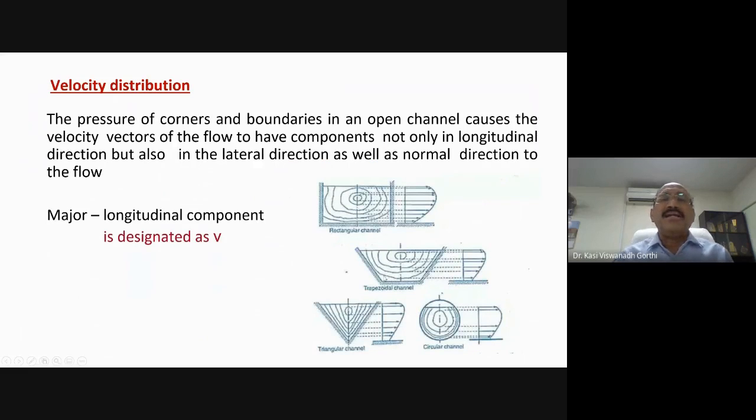The presence of corners and boundaries in an open channel causes the velocity vectors of the flow to have components not only in the longitudinal direction but also in the lateral direction as well as in the normal direction to the flow.